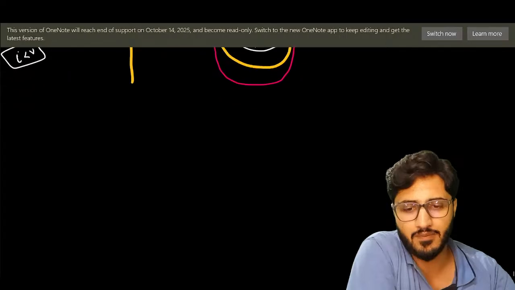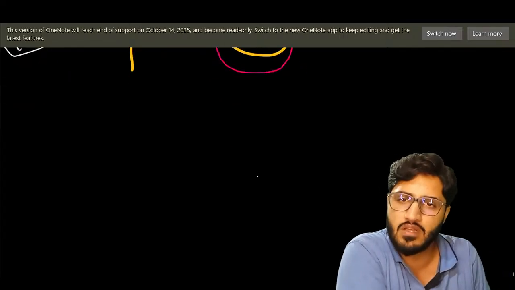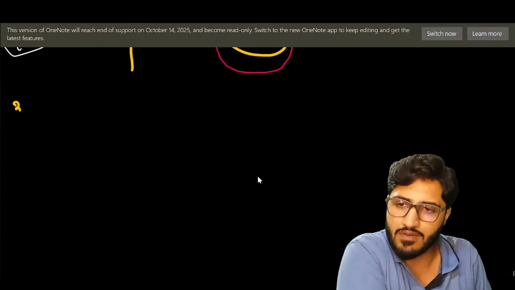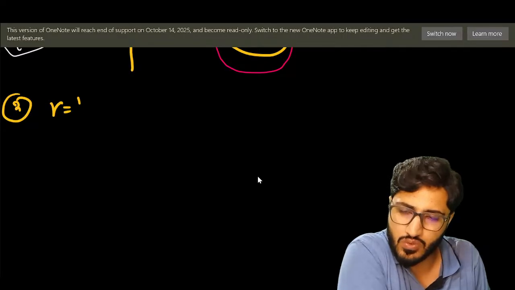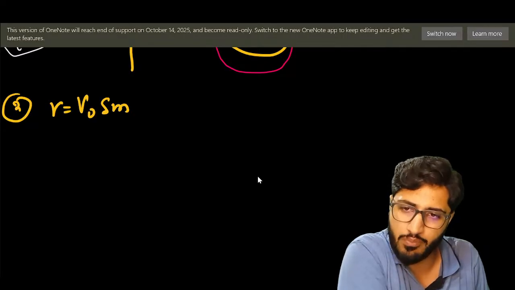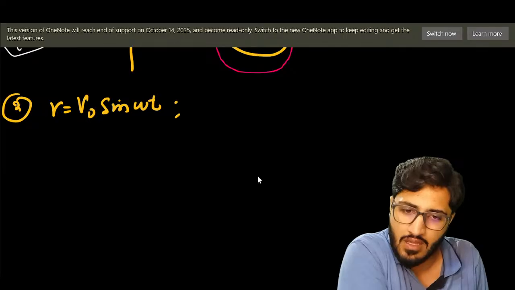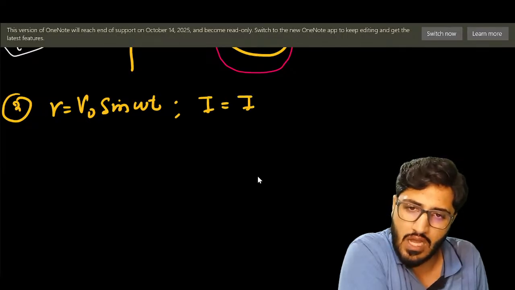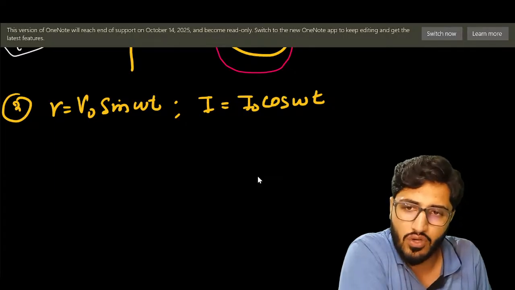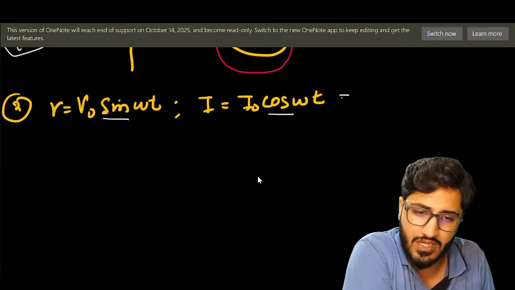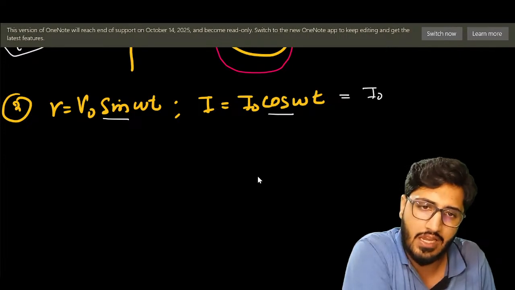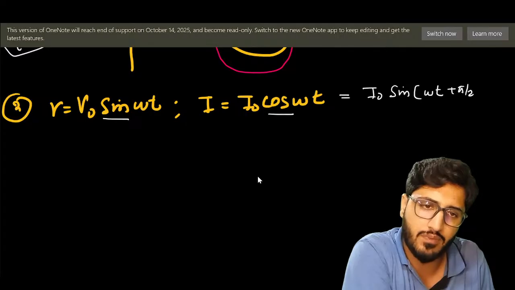Then case number second. Look, if V equals V naught sine omega t and I equals I naught cos omega t. Now here, I told you both should be in sine. So this expression I can write as I naught sine omega t plus pi by 2.